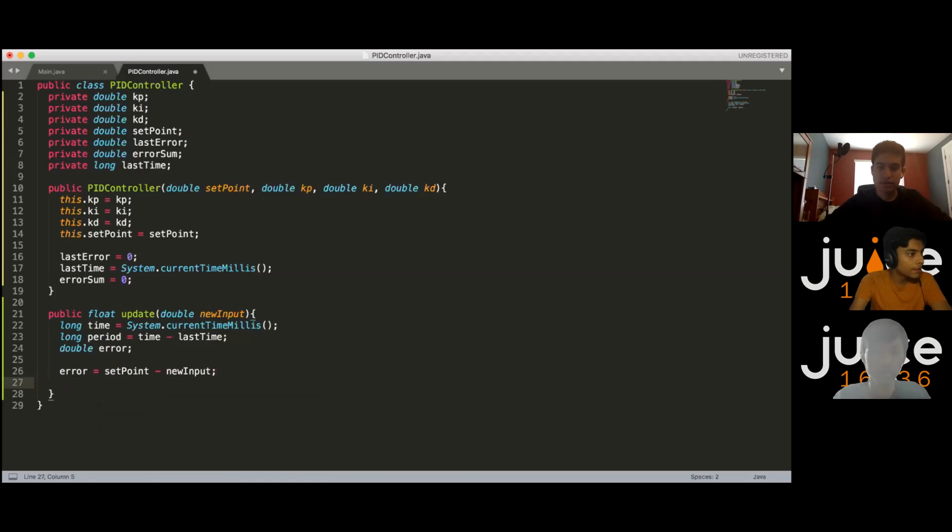This next function is to address the integral windup issue Sid mentioned before, which was essentially where even after it reached our target value, the integral will still be quite high and won't be 0.